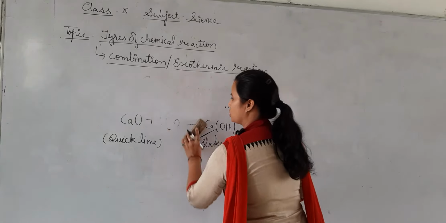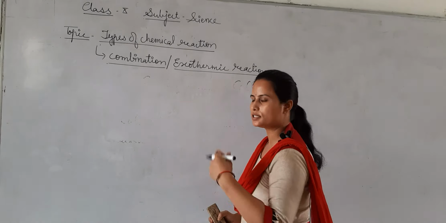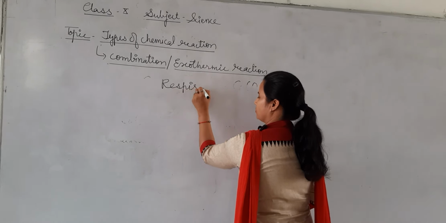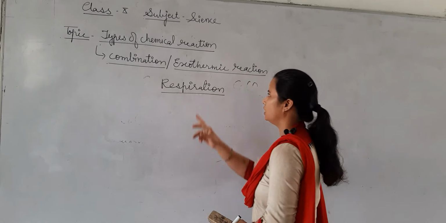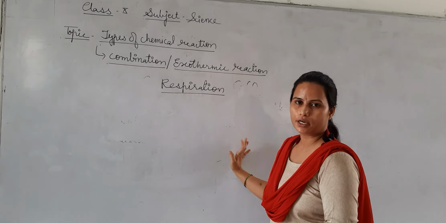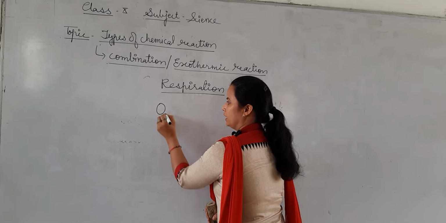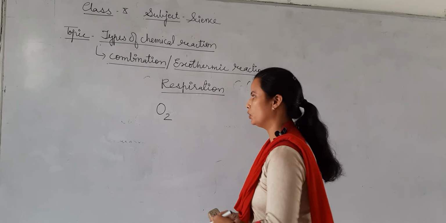An exothermic reaction means a type of reaction in which energy is evolved. For example, respiration. Respiration is a process which is generally called an exothermic type of reaction. We know very well, during respiration we inhale, and when we inhale, oxygen enters our body.